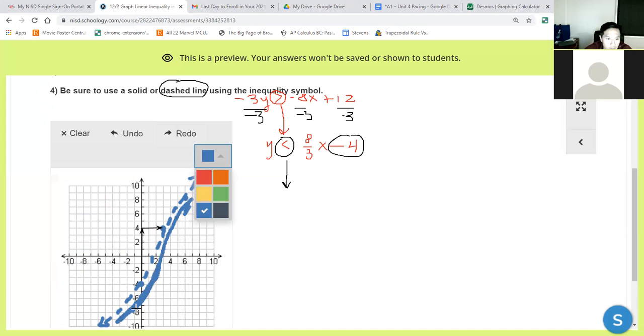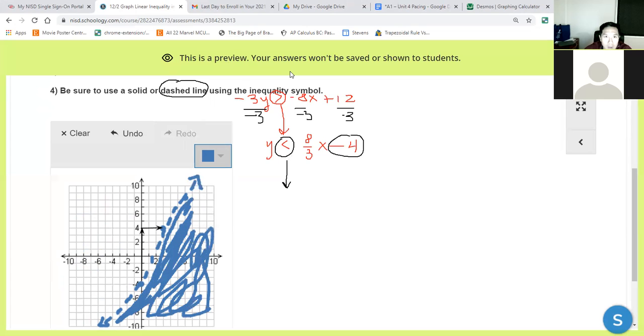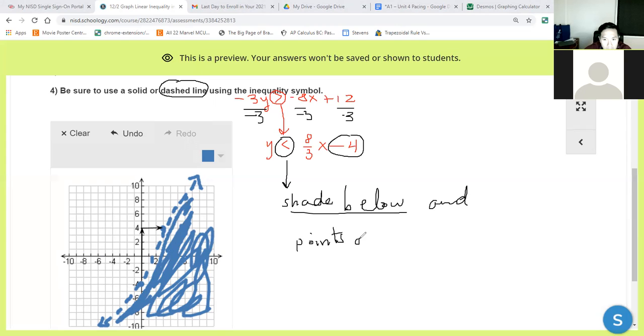That's what happens when you're in a rush. Sorry, guys. So this means shade below and points only in the shaded region.